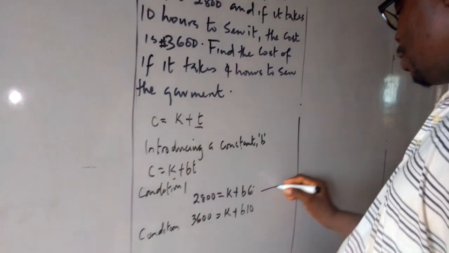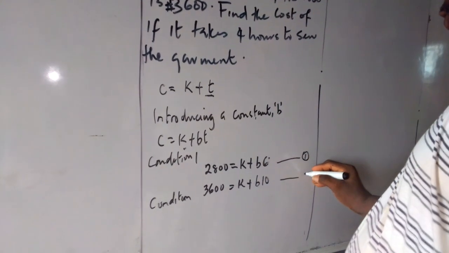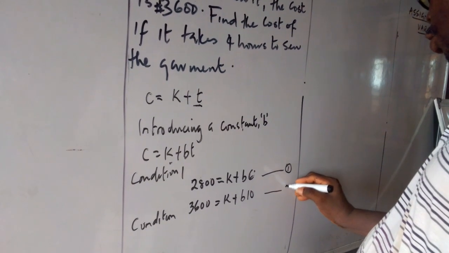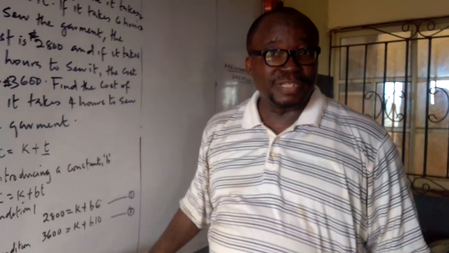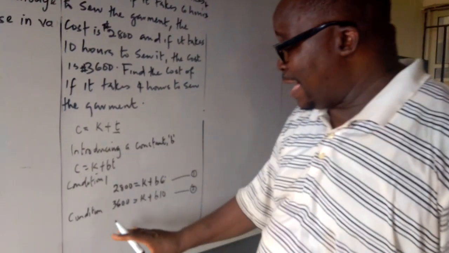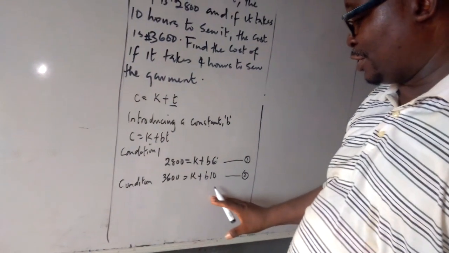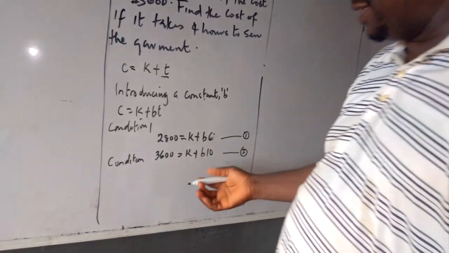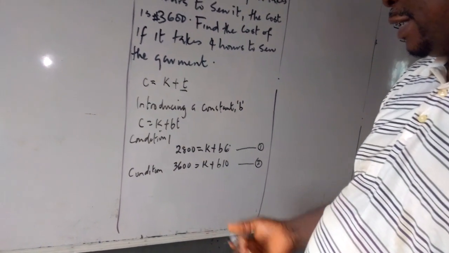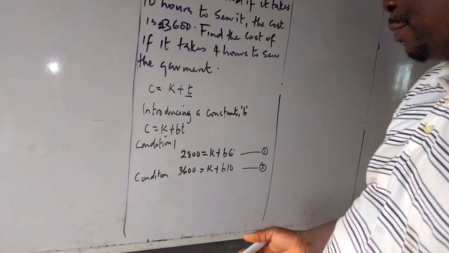So I have two equations here, which means I have two unknowns. So it forms a simultaneous equation, and because it's a simultaneous equation, I will solve it simultaneously. How will I solve this? Very simple.